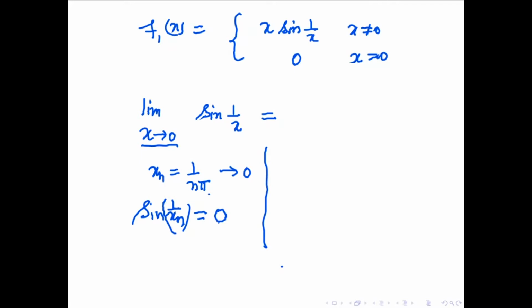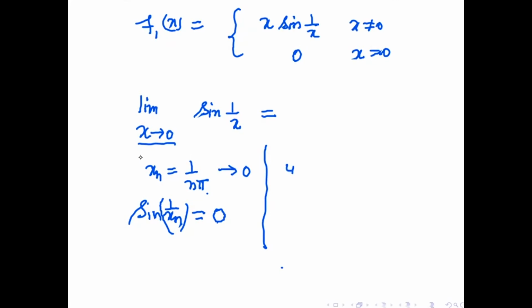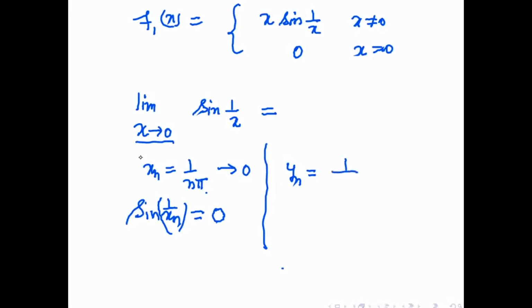So to prove the limit does not exist, we will construct another sequence. In that case, we will construct a sequence such that its value will not come 0. Something else it will come. That means it is going to some other number. So can you give me some other sequence for which sine 1 by x will go to 1? Like 4n plus 1 into pi by 2. Now in this case, if you calculate, it will give 1.